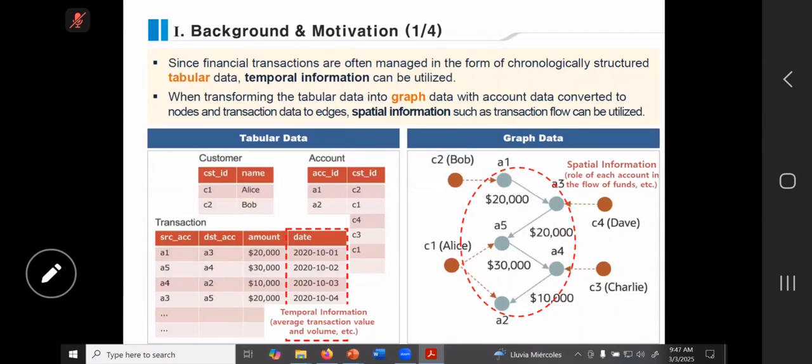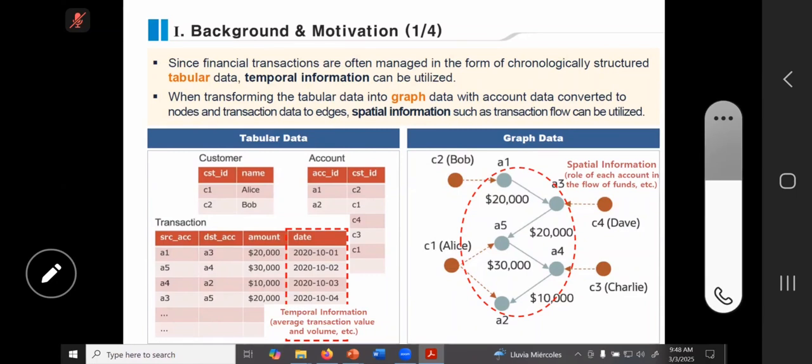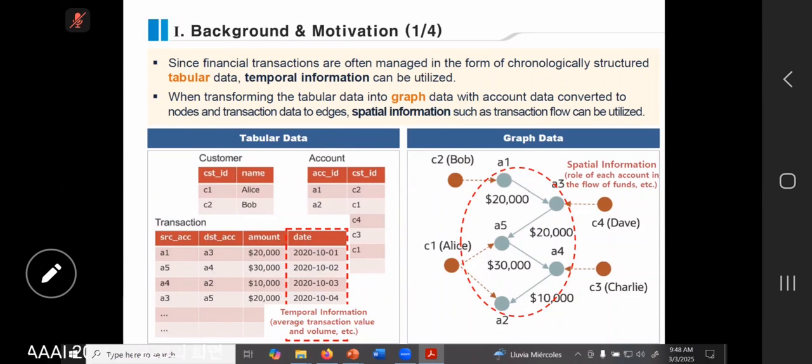In the left figure, the customer, account, and transaction are tabular data, but they can be represented as graph data. Imagine the blue dot is the node, which means the customer, and the edge means the transfer from customer Bob to customer Dave. So we can show the spatial information.